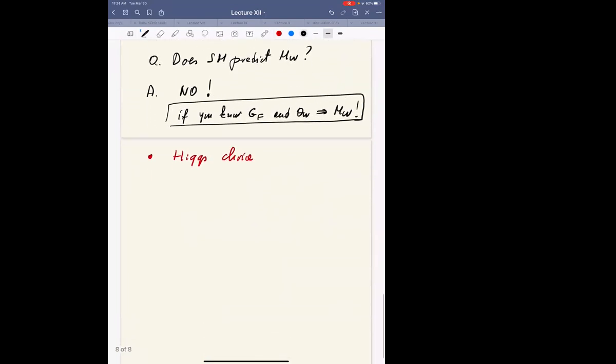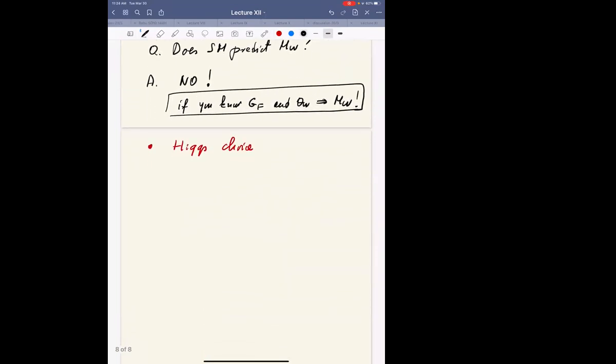So what do I have to achieve? I have to achieve the following. SU(2)_L cross U(1) must be broken to U(1) electromagnetic through the vacuum Higgs choice, let me call it phi, through the vacuum expectation value of this phi.